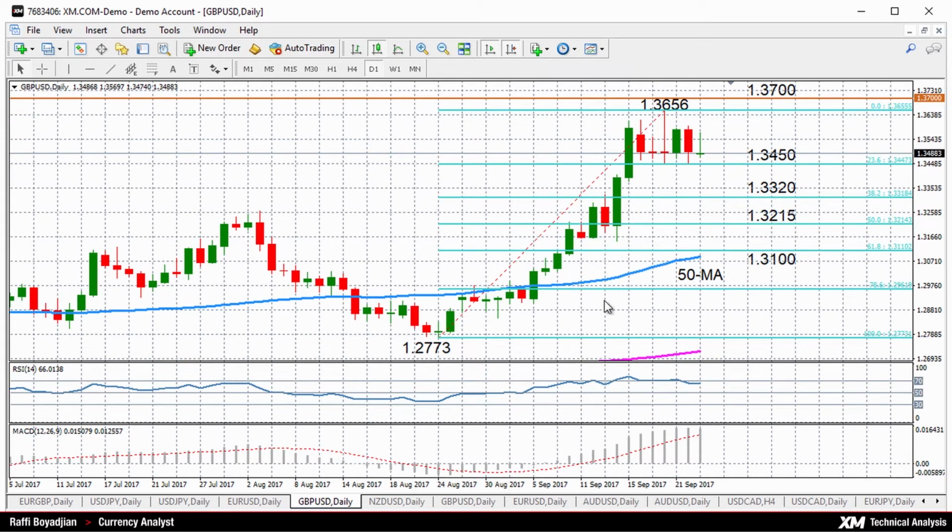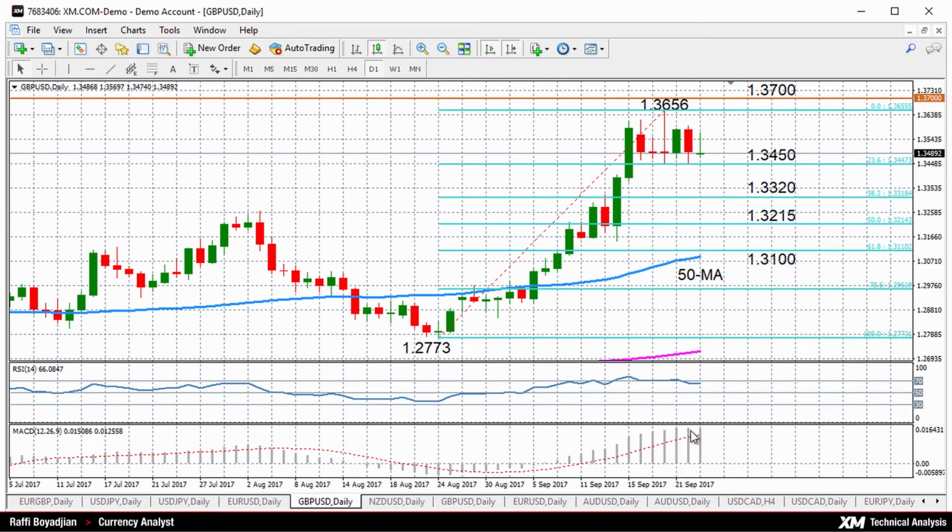Moving on to pound dollar now, we can see the uptrend is still pretty much intact despite prices consolidating in the past few days. The MACD is looking very bullish, although it could potentially have peaked.